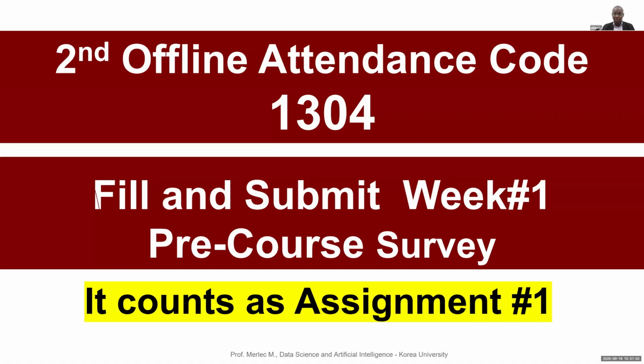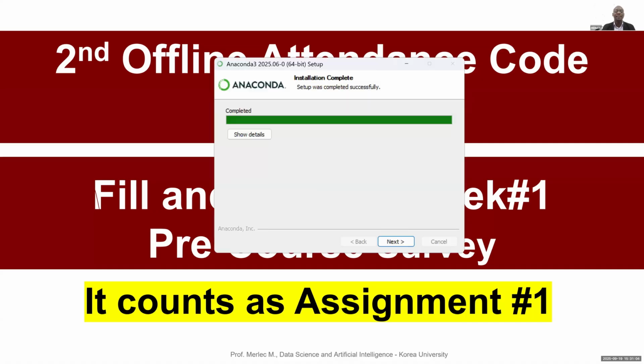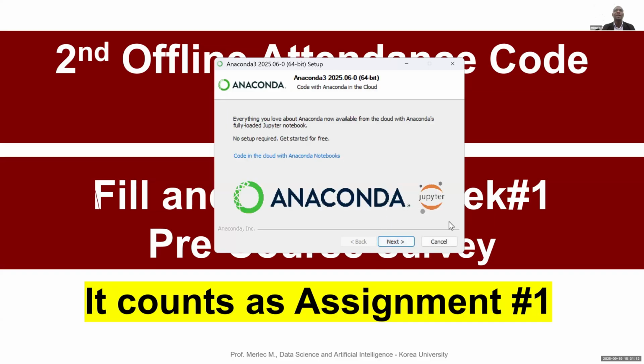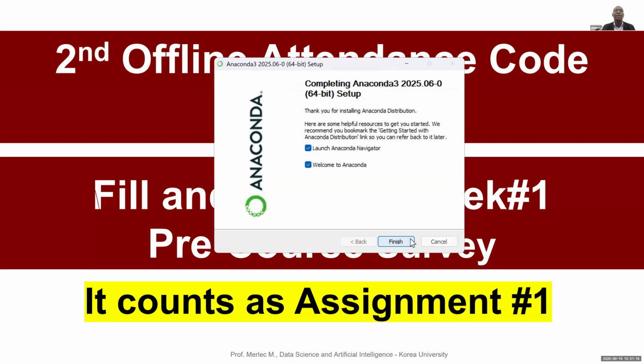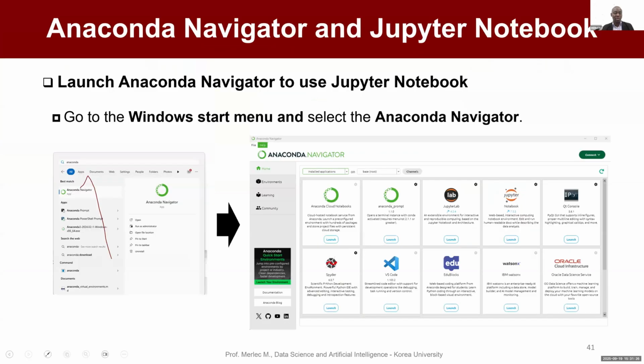Okay, let me check also the installation is going very well. I will click again on next to complete my installation. Next, and this is the last step. The last step here, as you can see, asks me to confirm whether I want to launch Anaconda or not.